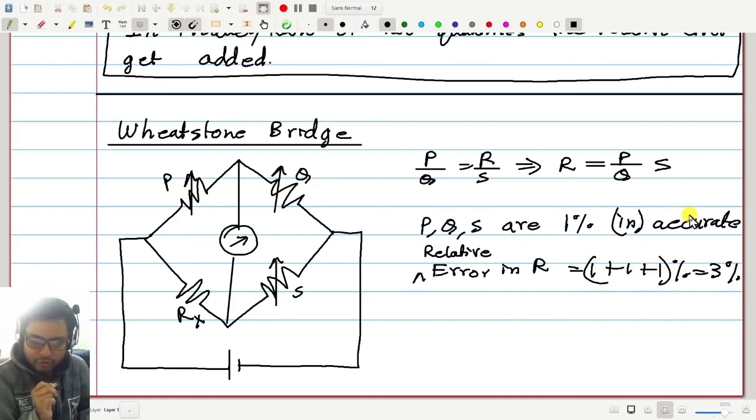But is this the only source of error when we measure a resistance using a Wheatstone bridge? Can there be other sources of error? Yes, the detector pointing to the null point. I'll come to that. Anything else?